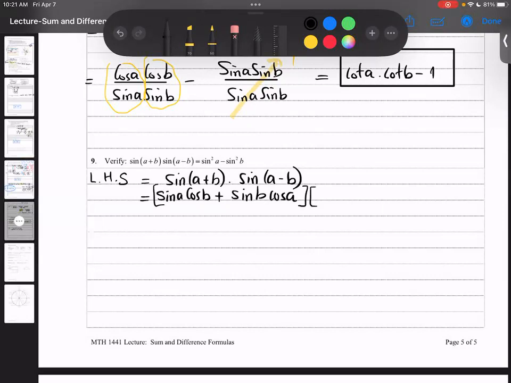It's just switching the plus to the minus. So sine A cosine B minus sine B cosine A. Any question there? So far, so good.